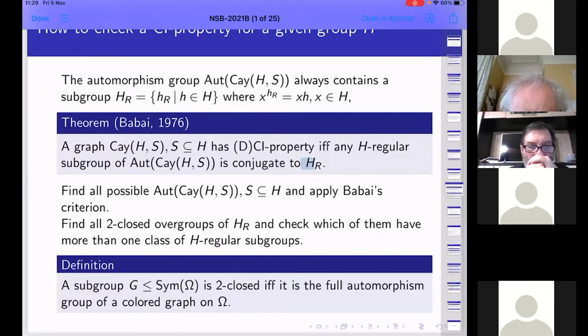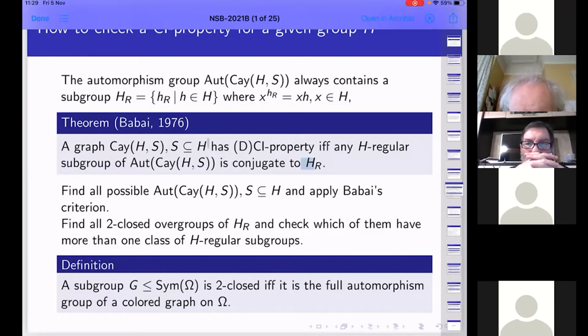But of course, there are too many Cayley graphs, and you can do a better search if you look at the automorphism groups of Cayley graphs, because different Cayley graphs may have the same automorphism group. For example, if you take the circulant graphs, the Cayley graphs over the cyclic group Z_P, where P is a prime, you have almost 2 to the P Cayley graphs, but the number of automorphism groups is less than P. So the number of automorphism groups is quite small.